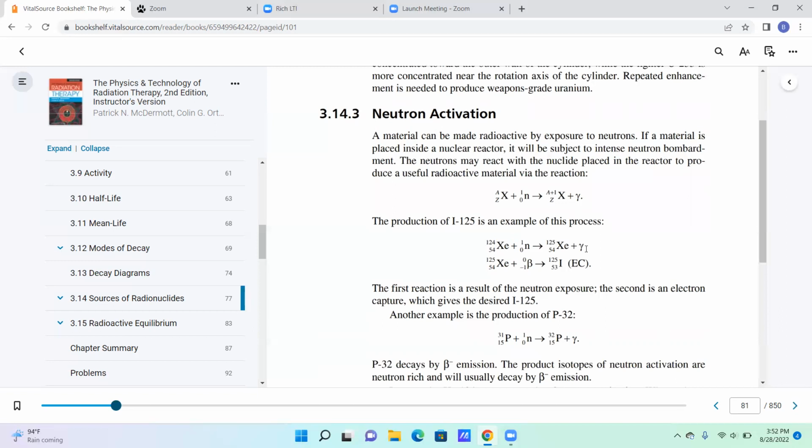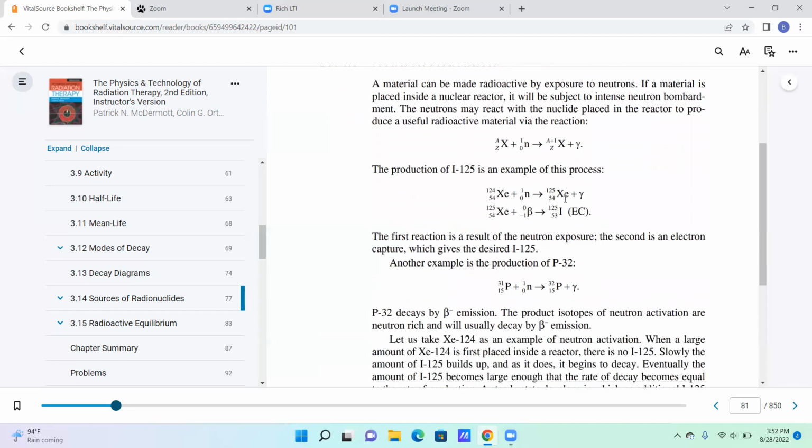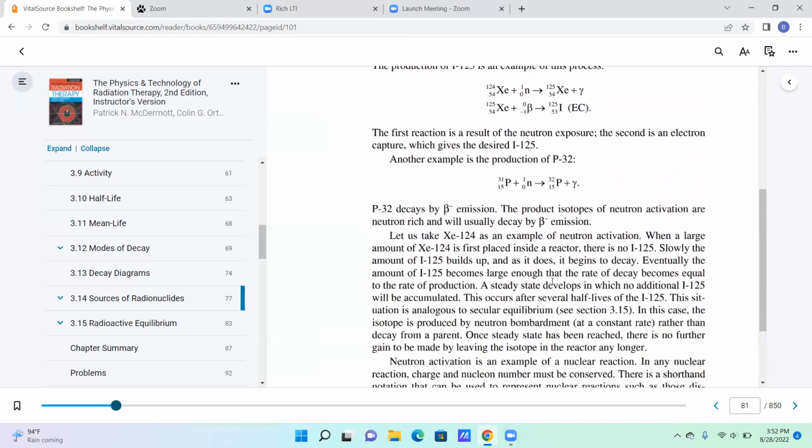So, production of iodine-125 is done in this process. You can see here the xenon-124 plus a neutron gives you xenon-125. This, with a beta minus decay, ends up with iodine-125.